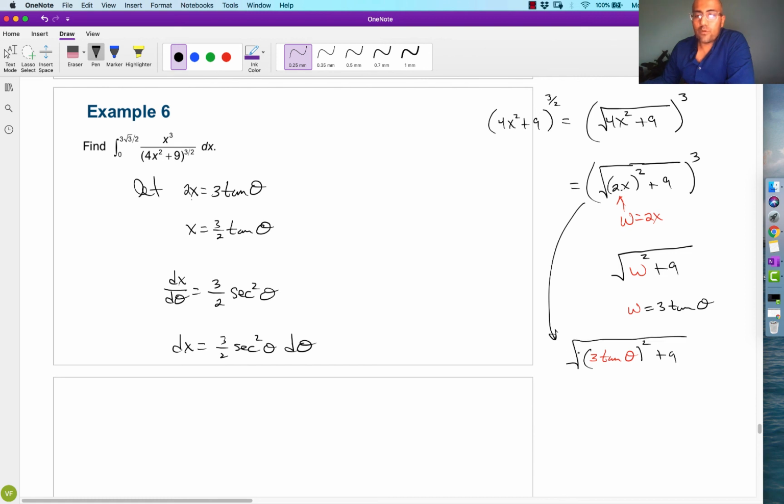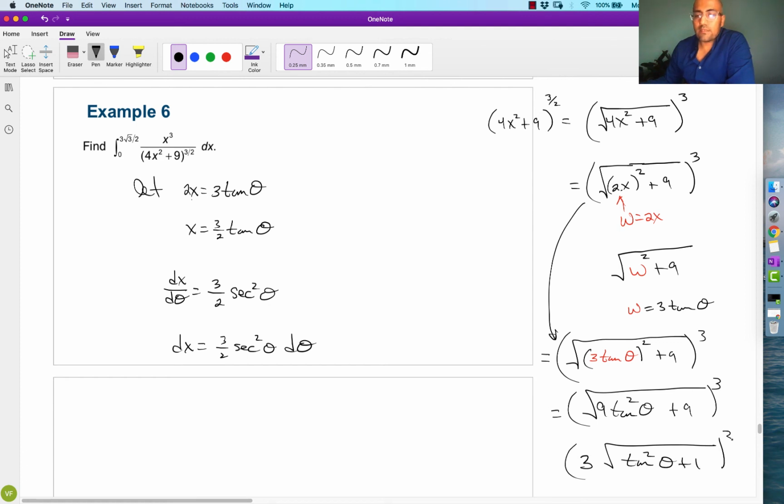That's inside a root, which is inside of something being raised to a power of 3. And then this gives you a 9 tangent of theta squared plus 9. Square root of that whole thing gets raised to the power of 3. We can factor out a 9, we end up with 3, and then the square root of tangent squared theta plus 1. That whole thing is still getting cubed.